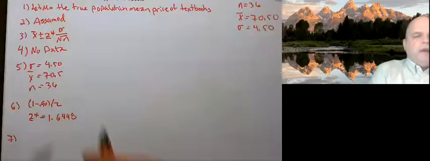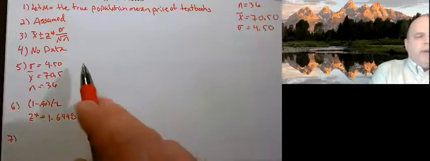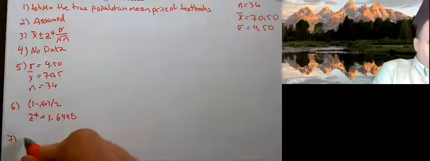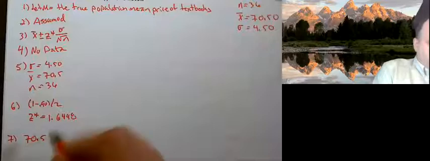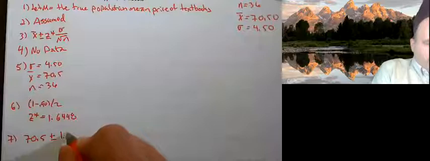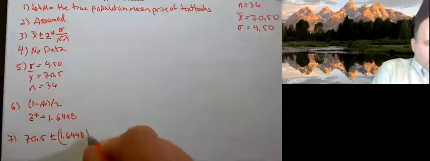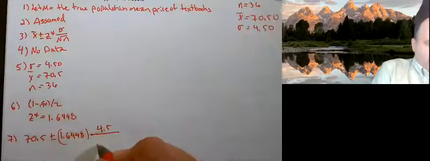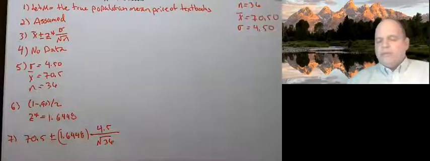So if I'm plugging in the values, I'm going to have X bar 70.5 because I'm plugging into this equation. 70.5 plus or minus the Z star that we just got, 1.6448, times our standard deviation, which was 4.5, divided by the square root of 36.